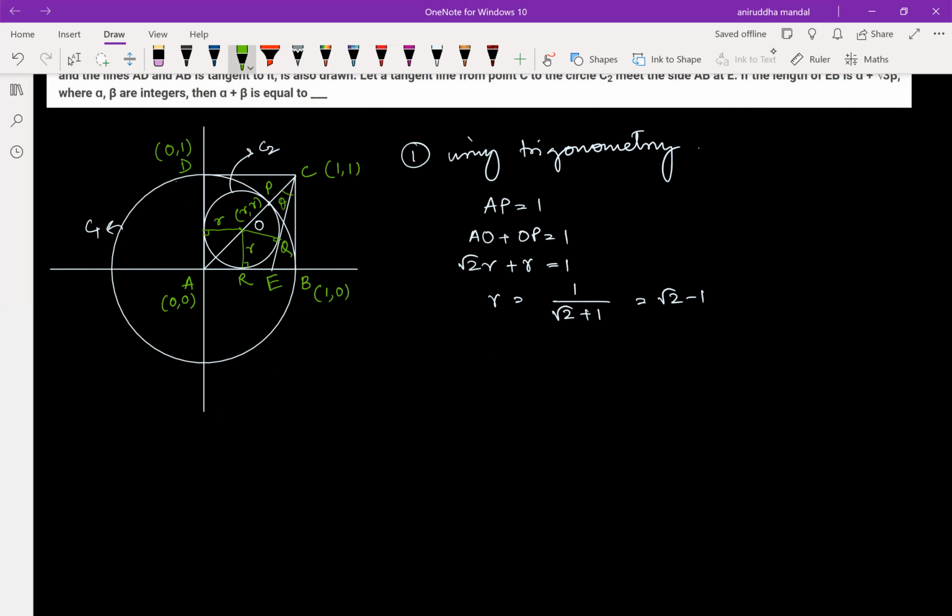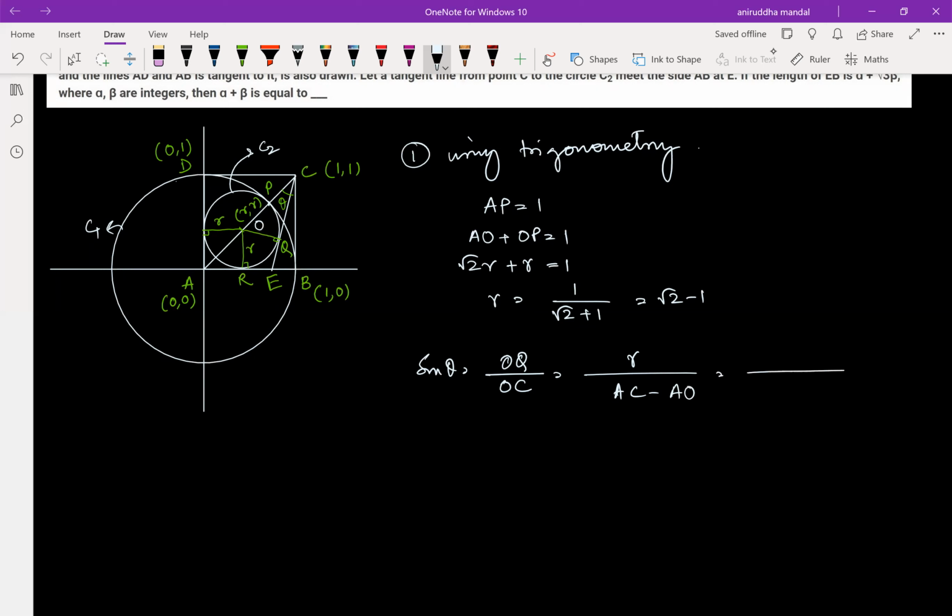From the triangle OCQ we can write sine theta equals OQ by OC. Now OQ is the radius r, and OC can be written as AC minus AO.